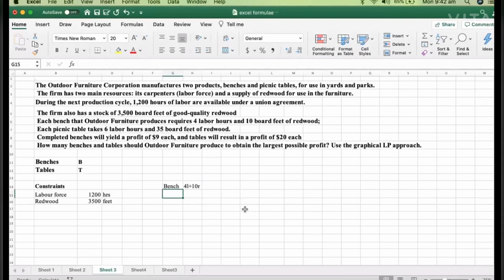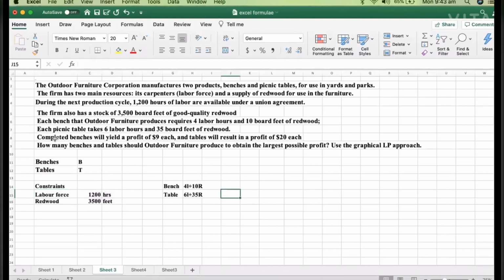It means for a table, I will require 6 labor hours plus 35 feet of redwood. I can modify this as well. So these are my things, and I already highlighted this for you.